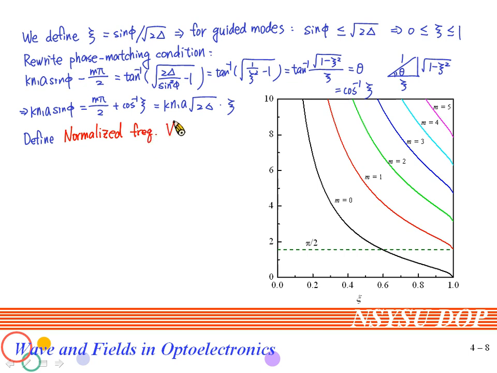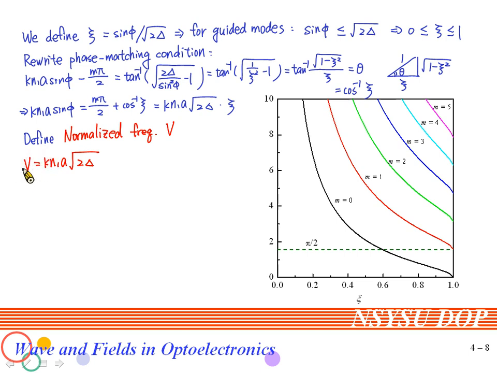The normalized frequency V is defined as K n1 A times square root of 2 delta. According to the expression you know that the capital V is in proportion to the inverse of lambda due to the K is 2 pi over lambda.